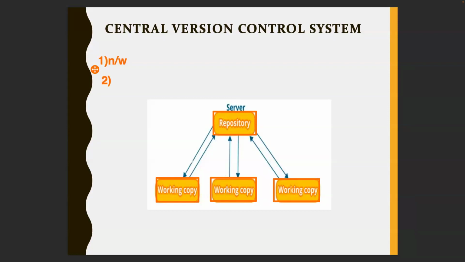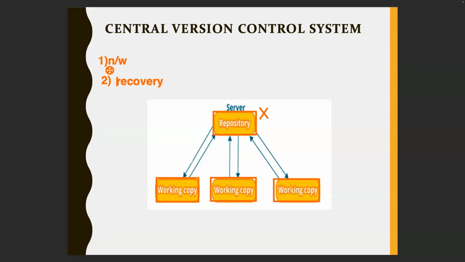And the second thing is, let's suppose you have a working copy and you're connecting to it and working on it. What if the central server is lost or crashed? Chances of recovery are less because everyone is connecting to the same source and working.